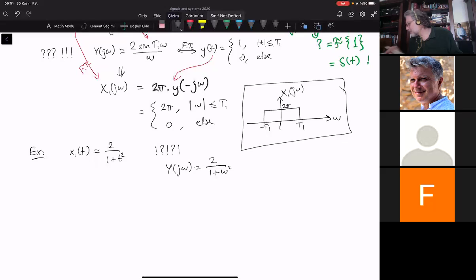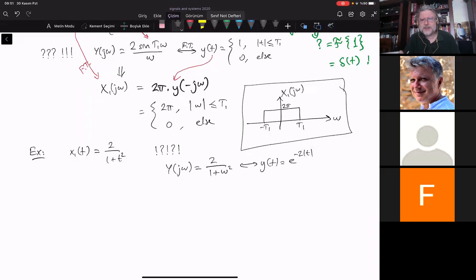I'm just checking my notes because this is something that we might have missed. I'm asking you, did we do an example of this y of t equal to e to the minus 2 in magnitude t, this signal's Fourier transform?